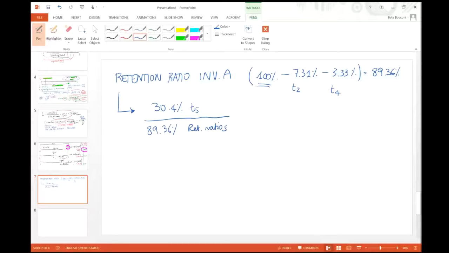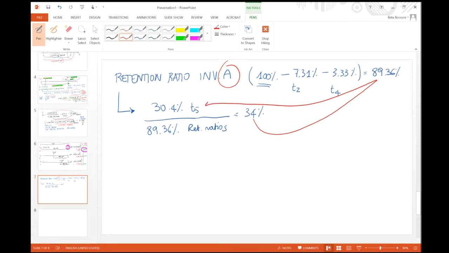So our investor A will invest 34% today, knowing that in 2 years' time and in 4 years' time, it will be diluted. And if it is diluted, it will end up exactly with the original equity stake of 30.4%. From now on, the reasoning is exactly the same.